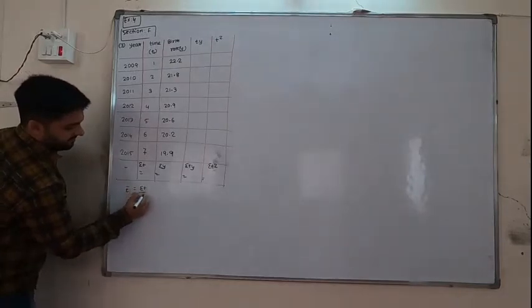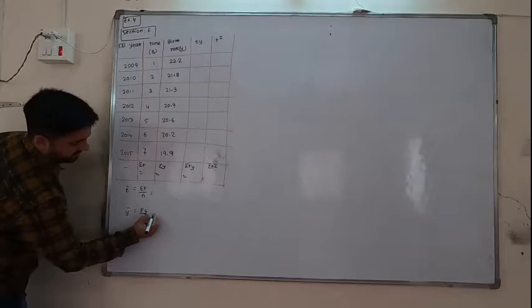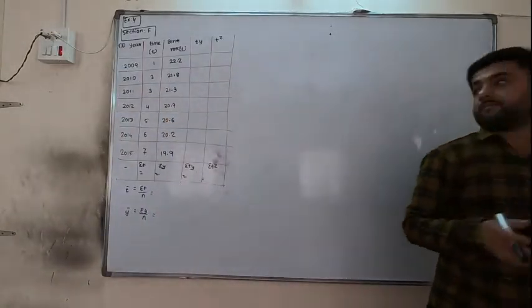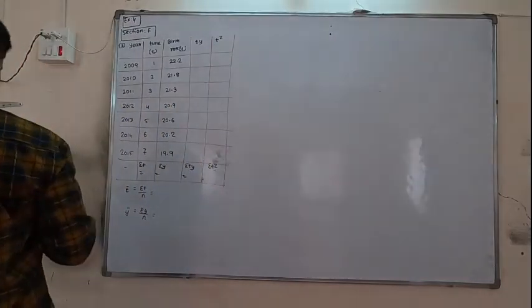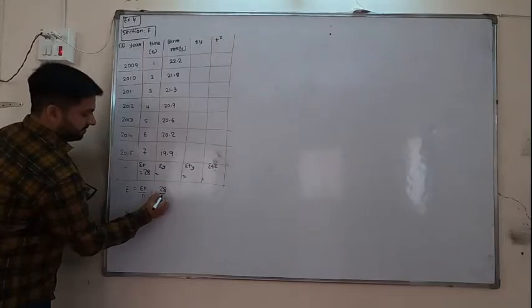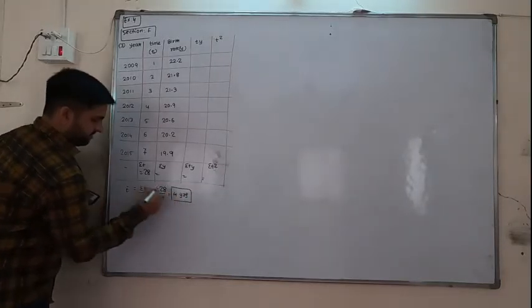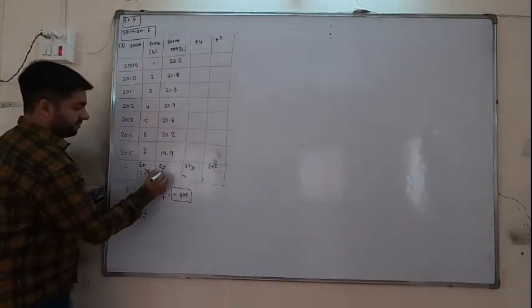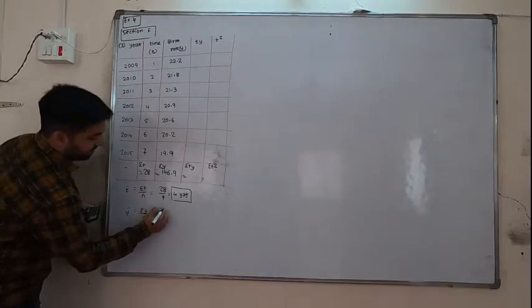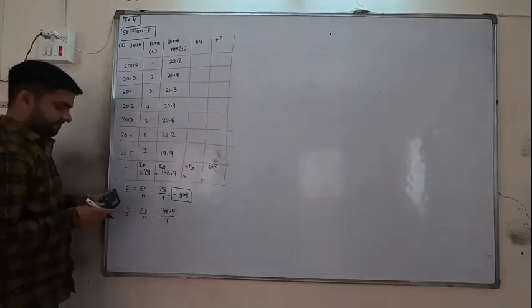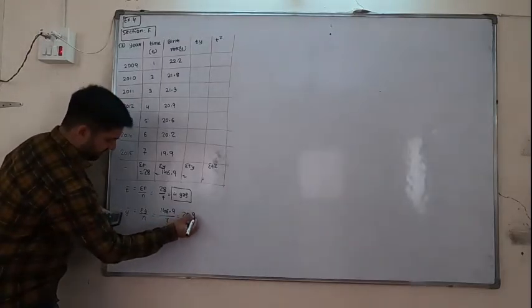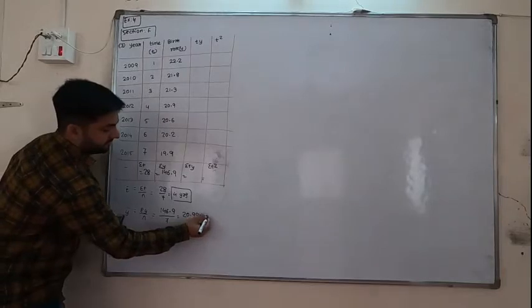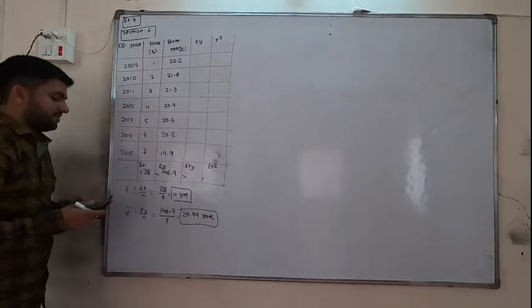T bar is sigma t by n, y bar is sigma y by n. 1 plus 2 plus 3 plus 4 plus 5 plus 6 plus 7 is 28. 28 by 7 is 4. Sigma y: 22.2, 21.8, 21.3, 20.9, 20.6, 20.2, 19.9 gives 146.9. 146.9 by 7 is 20.985, so 20.99.